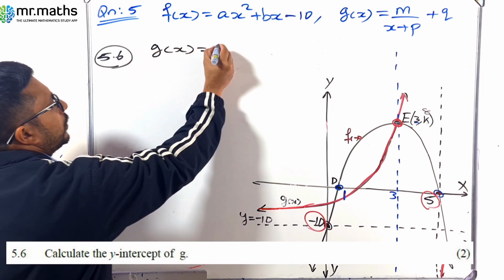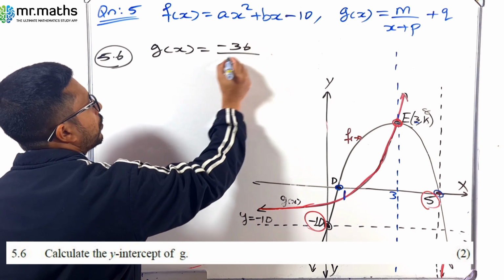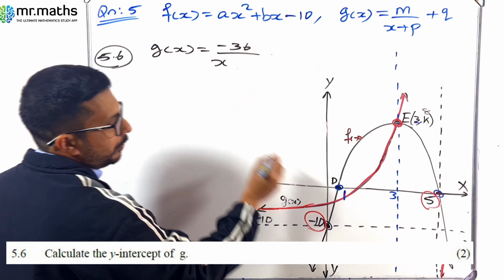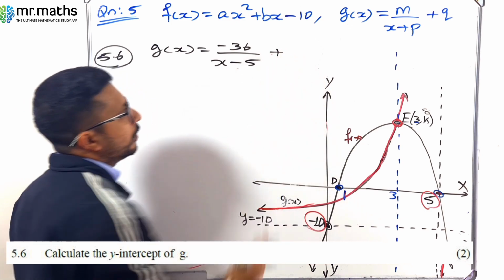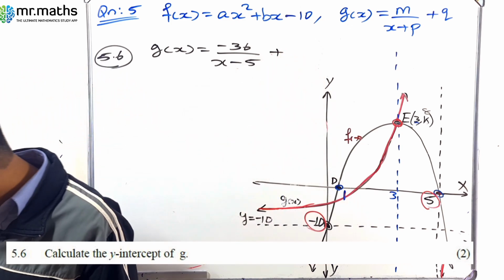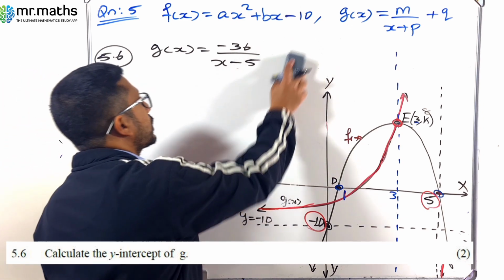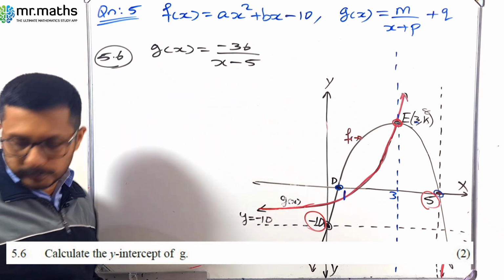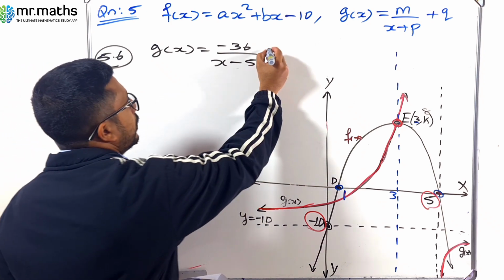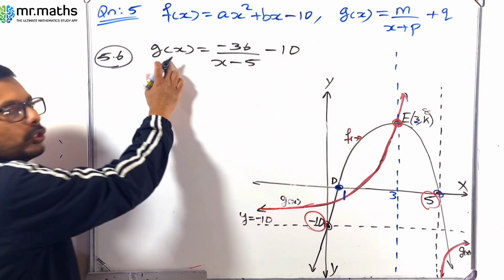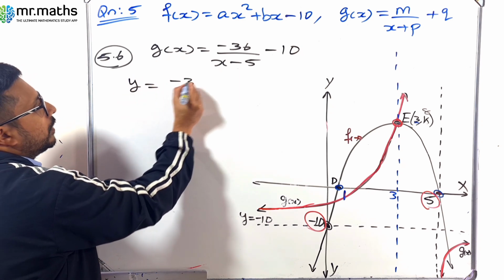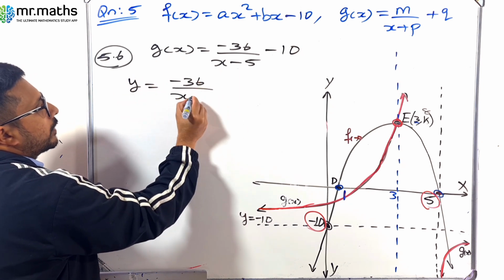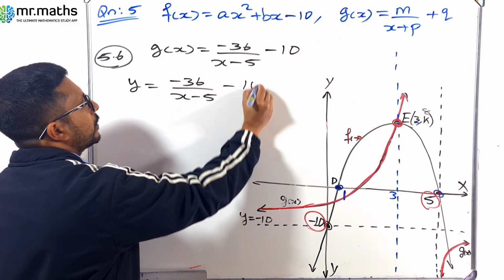G of x is equal to minus 36 over x minus 5, minus 10. And this g of x is the same as y. So y is equal to minus 36 over x minus 5 minus 10.